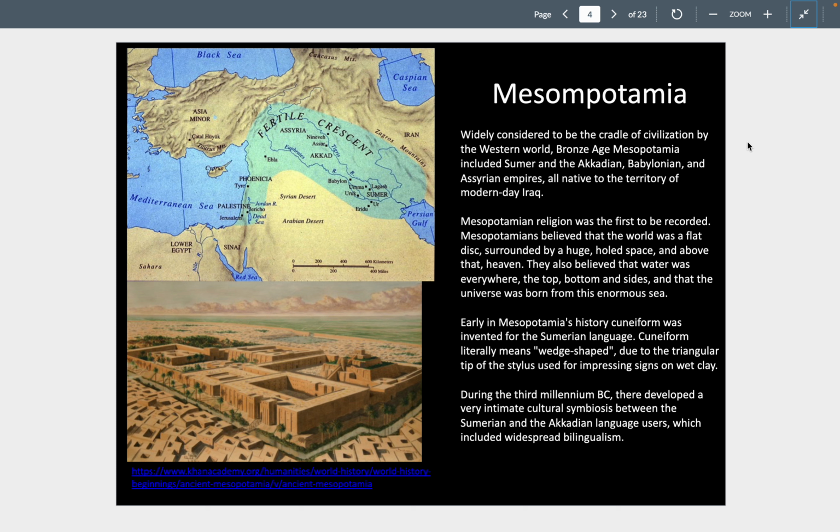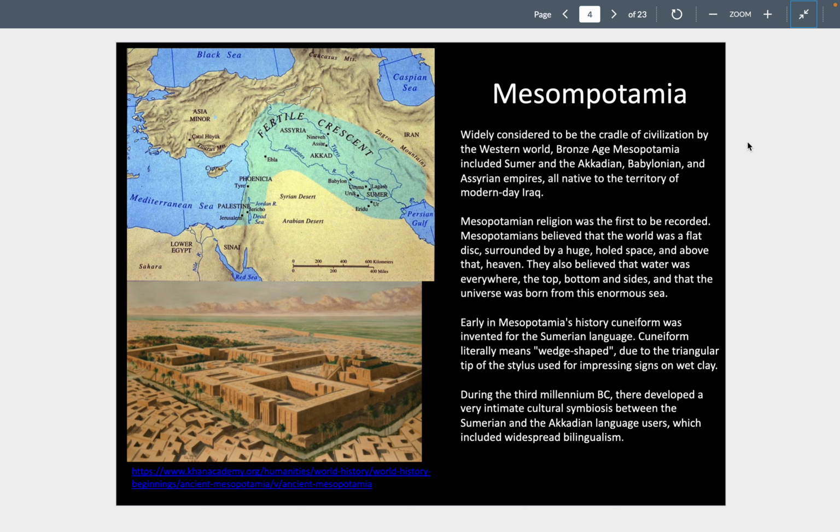Mesopotamia is known as the cradle of modern civilization. It is a Bronze Age mecca with cities like Sumer and the Akkadians and the Babylonians and the Assyrians.